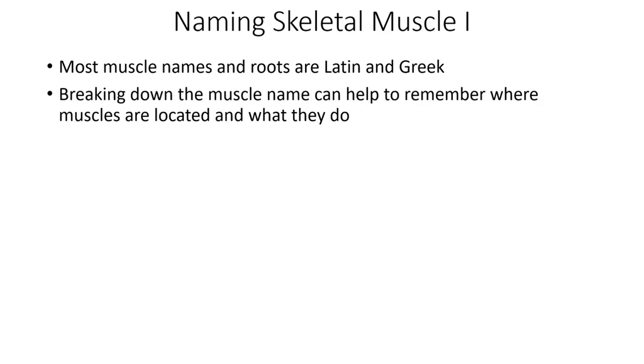All of the published materials that modern day anatomy in Western culture is based off of keep these Latin and Greek based names. So knowing how these muscles are named and what those Latin and Greek roots are can help you remember where those muscles are located, what they do, and so on.